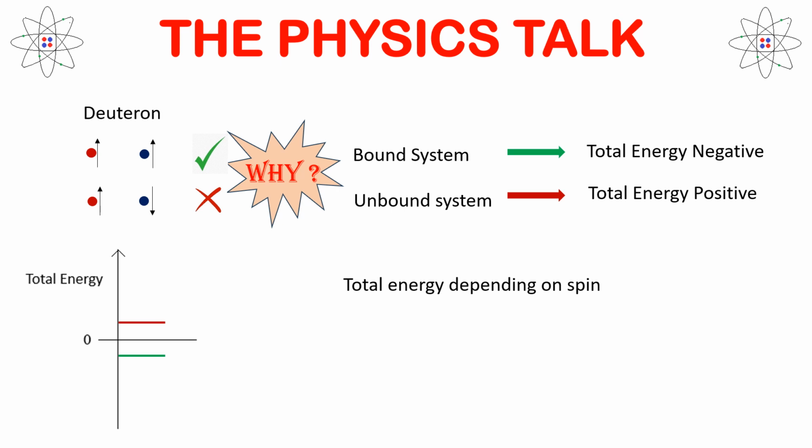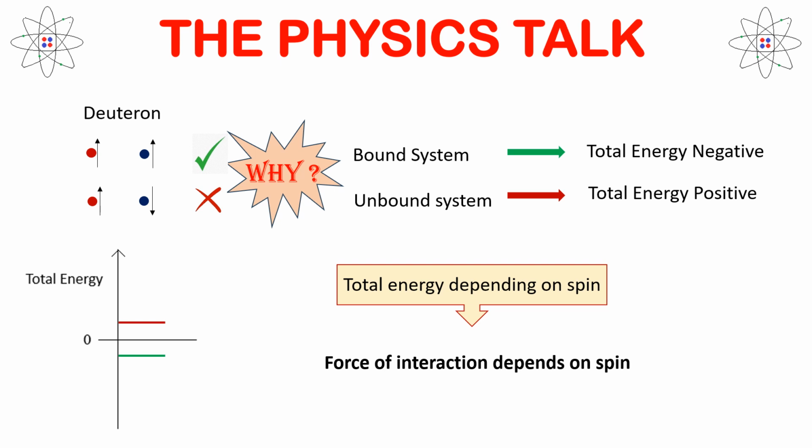This implies that the force of interaction between these two particles, which is nuclear force, is spin dependent. This is something unique because the other two forces, electromagnetic and gravitational, have nothing to do with the spins of the particles. So for the first time, we have encountered a force that depends on the spin status of the particles. Now we will look into a direct implication of this phenomenon.